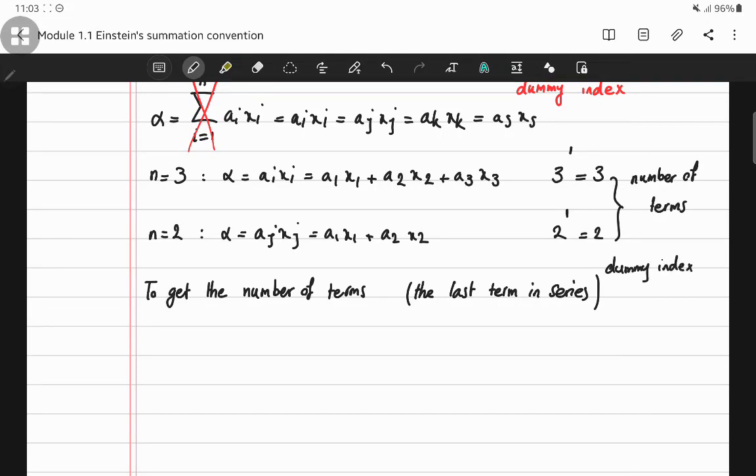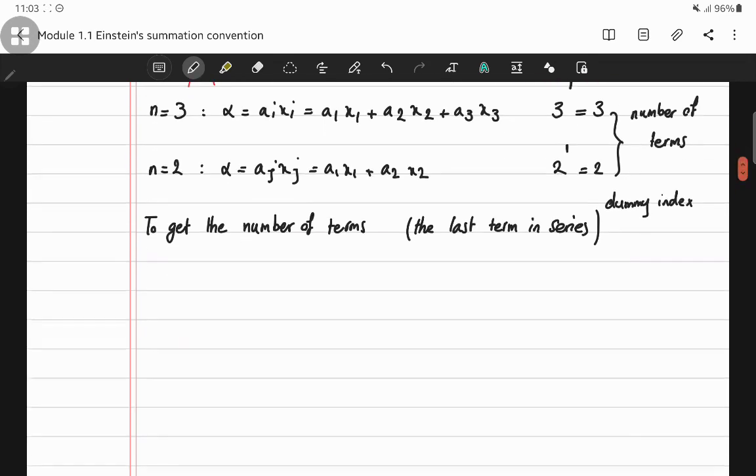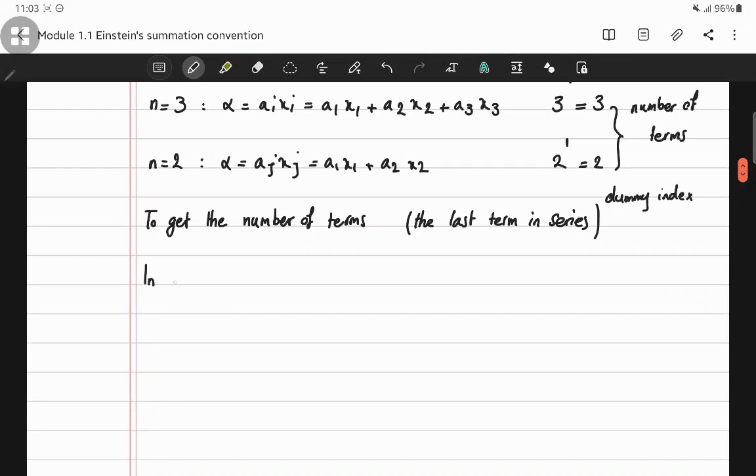And in continuum mechanics, we work with n equal to 3 because we have x, y, and z. Or for example, we work in a plane, so we have x and y, so we do not exceed 3. So in continuum mechanics, let's abbreviate it as CM, so whenever I use CM, I mean continuum mechanics.